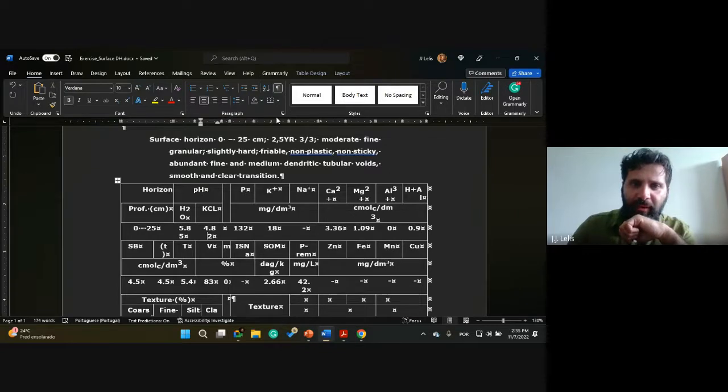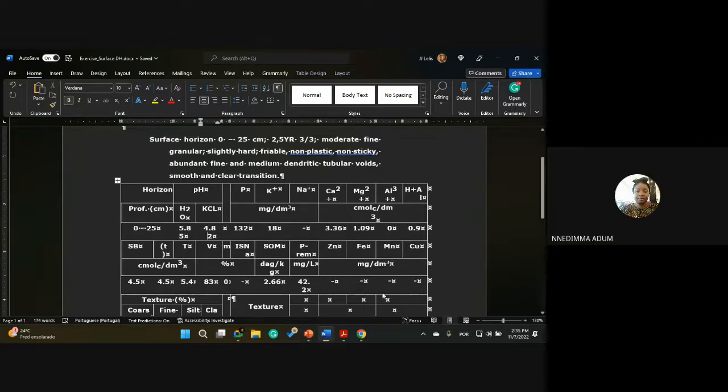Red or yellow? Yellow. No, it's red. We have a color that presents 2.5 of yellow and 7.5 of red. Let's see this color.